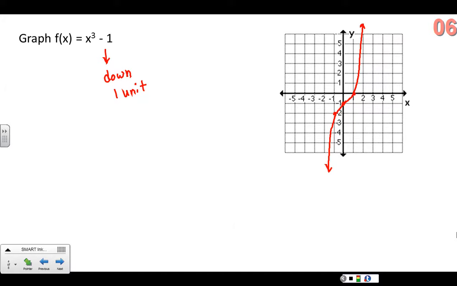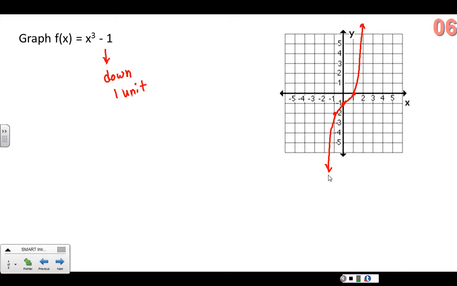So the basic curve x cubed has just all been shifted down 1. Now I could use a t-chart as well if I wanted to and plug points in and see what I would get and just plot those out. But you kind of need to have a basic understanding of what the original basic curve would look like before you even start on a problem like this.